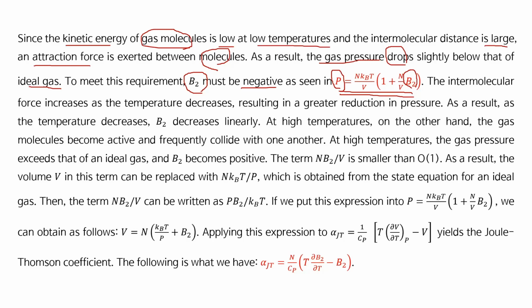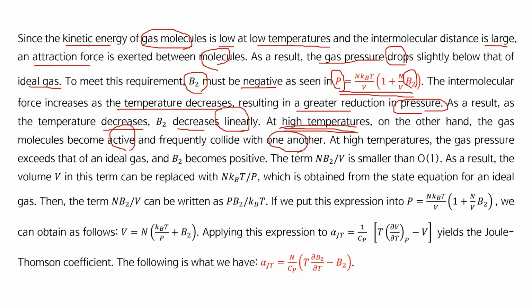The intermolecular force increases as temperature decreases, resulting in a great reduction in pressure. As a result, as temperature decreases, B2 decreases linearly. On the other hand, at high pressure and high temperature, the gas molecules become active and frequently collide with one another.